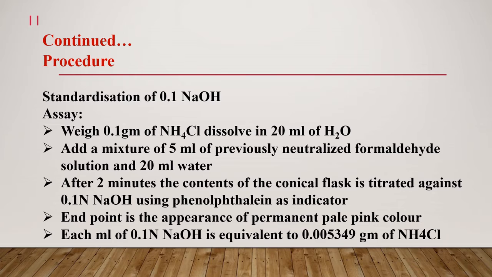After 2 minutes, the contents of the conical flask are titrated against 0.1 normal NaOH using phenolphthalein as an indicator. Endpoint is the appearance of permanent pale pink color. Each ml of 0.1 normal NaOH is equivalent to 0.005349 grams of ammonium chloride.